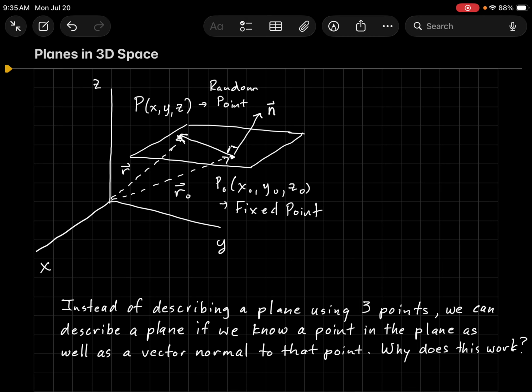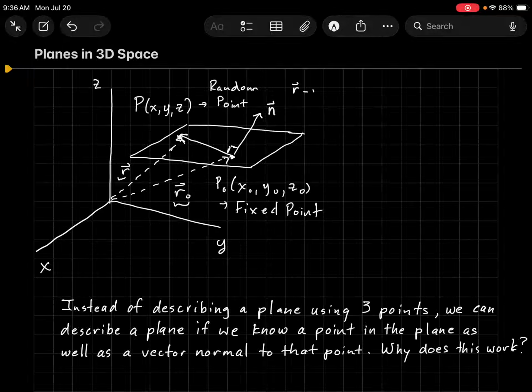Now recall that we could describe a point in space using a vector that starts at the origin. So P naught could be described using the vector r naught. And the random point P, meaning all the other points, can be described using the vector r. Then we get some following results.